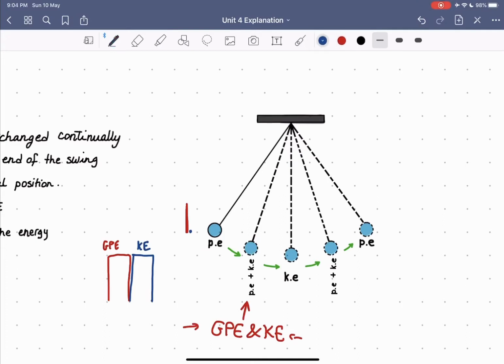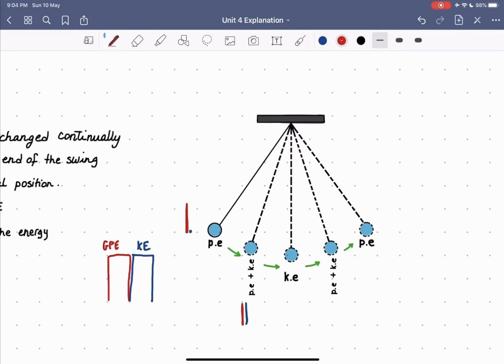Then in the second phase, we now have GPE and KE, but the GPE, if you compare it to the GPE from the beginning, is less. So this GPE was divided between the two types of energy.